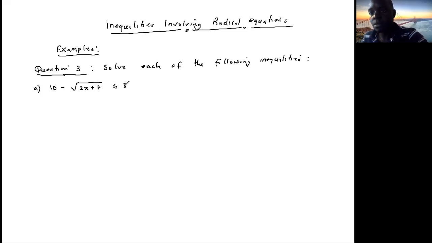So the first thing that you do here is to move this 10 to the other side. That implies that you're going to remain with negative root of 2x plus 7 less or equal to 3 minus 10, which becomes negative root of 2x plus 7 less or equal to negative 7.